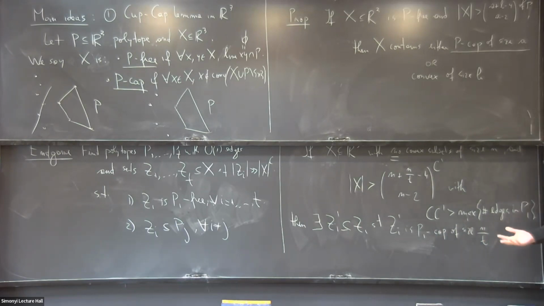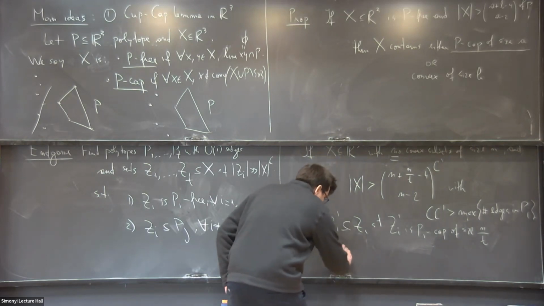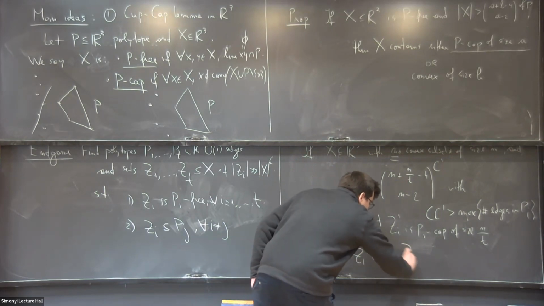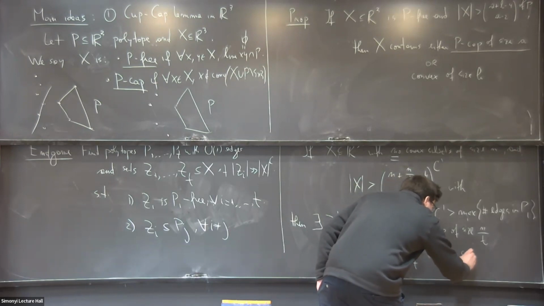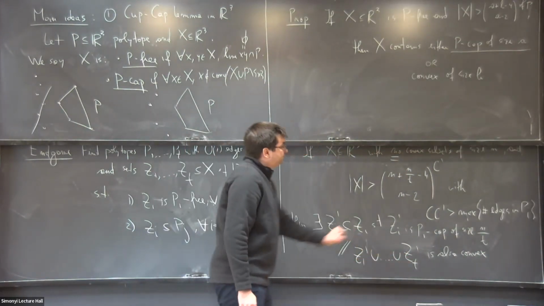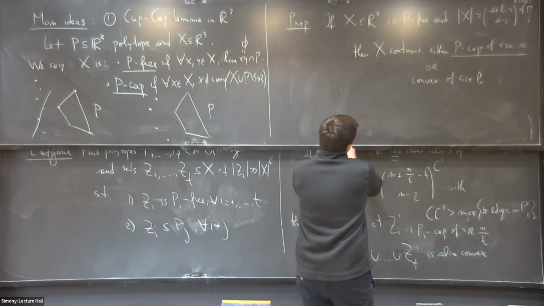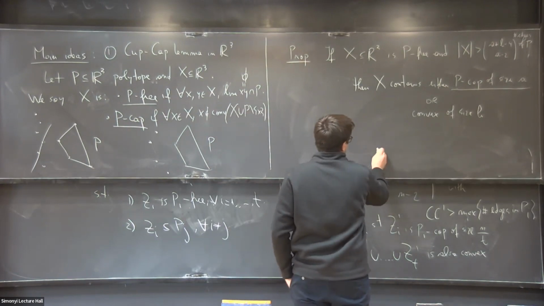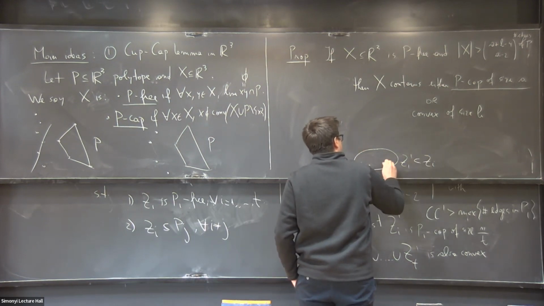The other possibility is not happening because this has no convex subset of size n. For all i, but then this is right, because Z1 prime union through Zt prime would also be convex. Each of these pieces has size n over t, so the total has size n, right? Because the picture kind of looks like this. I have here Zi prime, some nice cap.